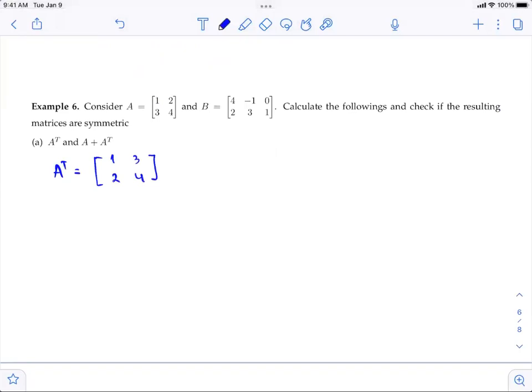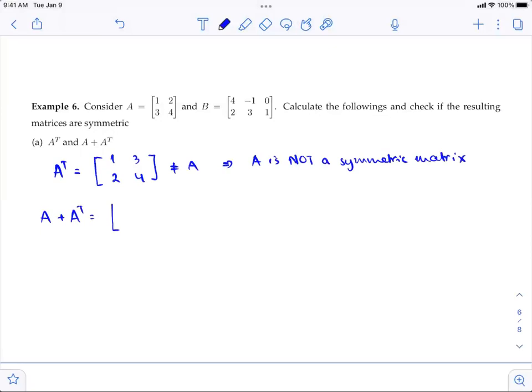Right. So of course, A is not a symmetric matrix. So A's transpose is different from A.